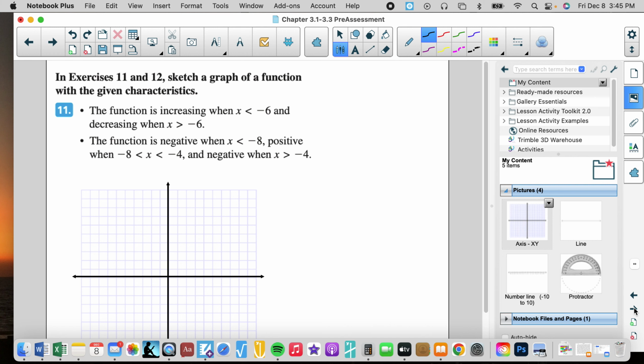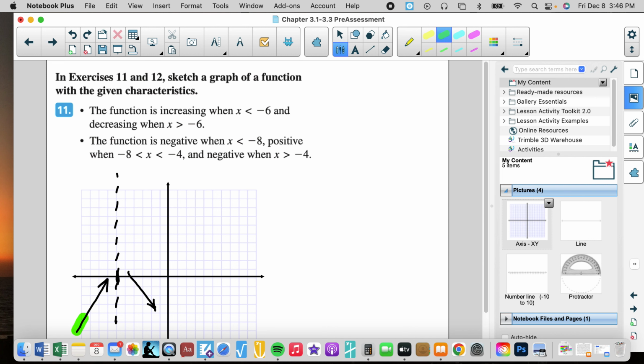So at -6, 1, 2, 3, 4, 5, 6, it's going to be increasing to the left of -6, so it's going to be going up. And to the right of -6, it's going to be going down. So this is the point where the graph will change directions. And that's the first part.